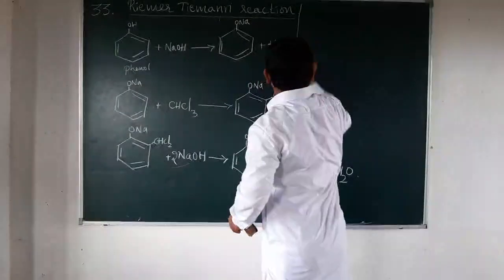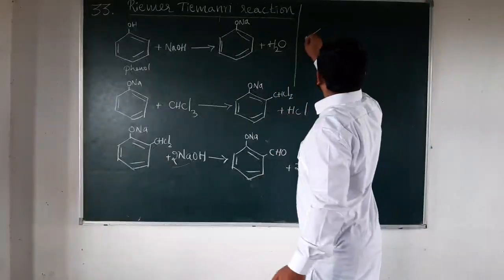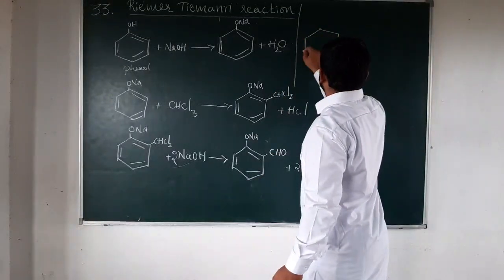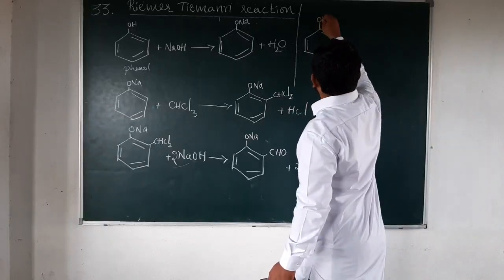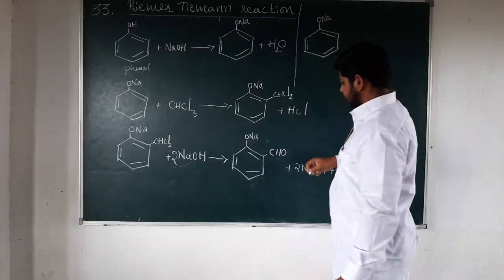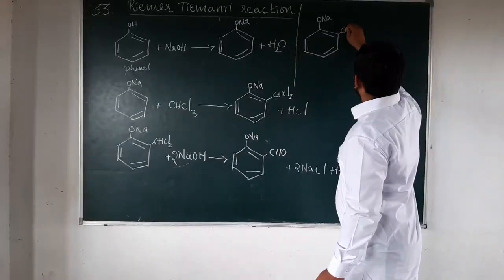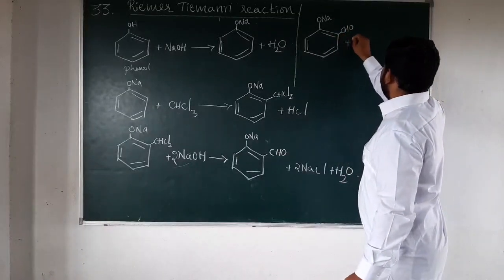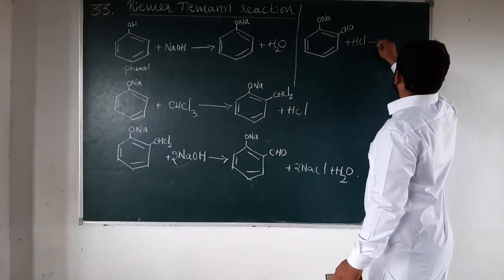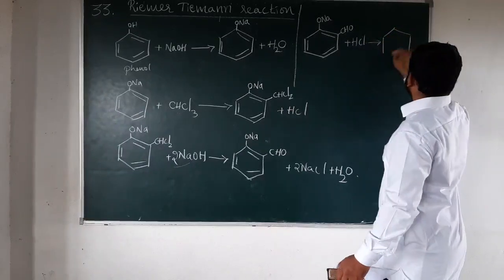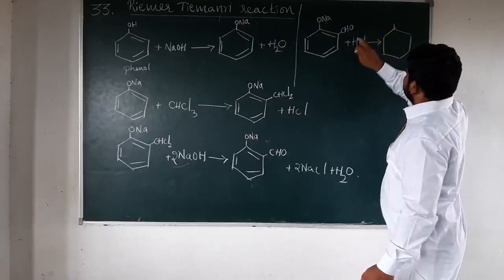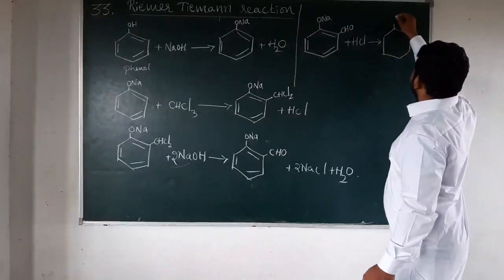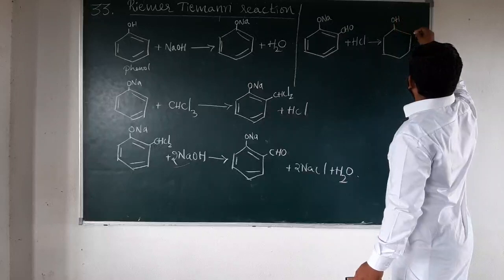In the last step, take this one. ONa, CHO. We have to remove Na, so I will take HCl. Na is replaced by H, so OH.